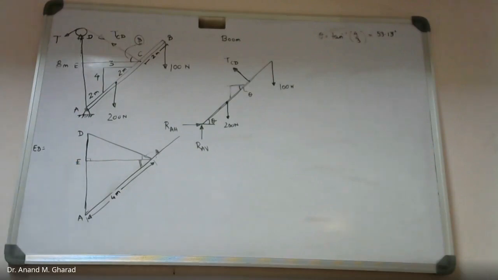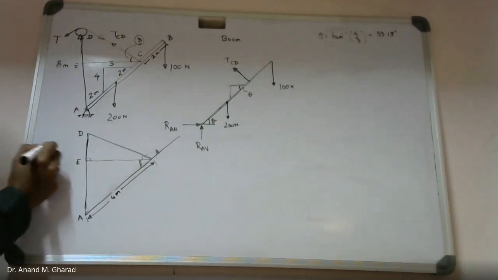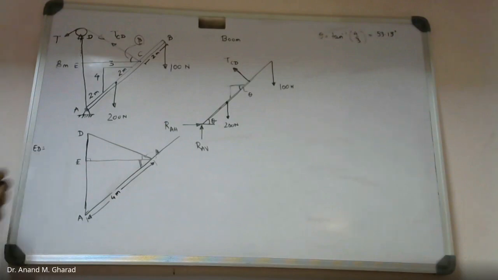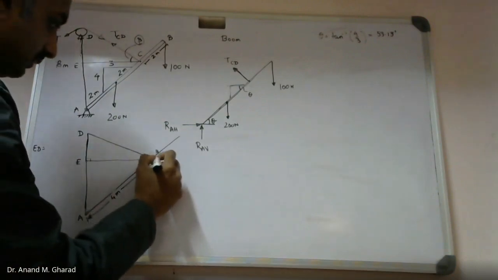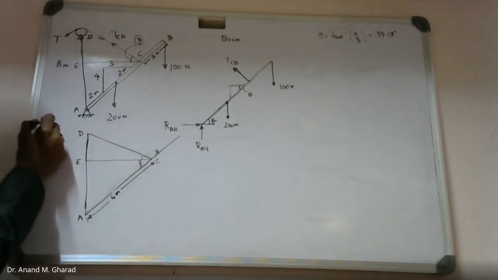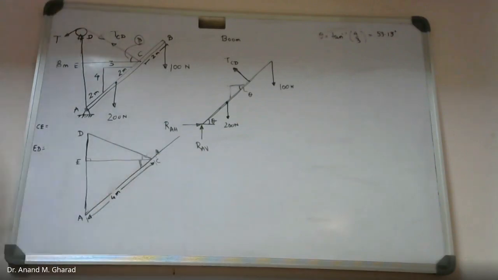Does it come to 4.8? Yes? 5.6. Please check. What is this distance CE? 4.52. Can you please tell me in terms of some value?